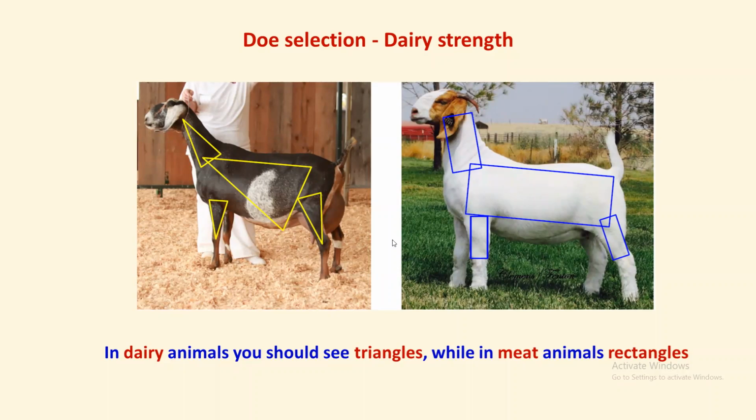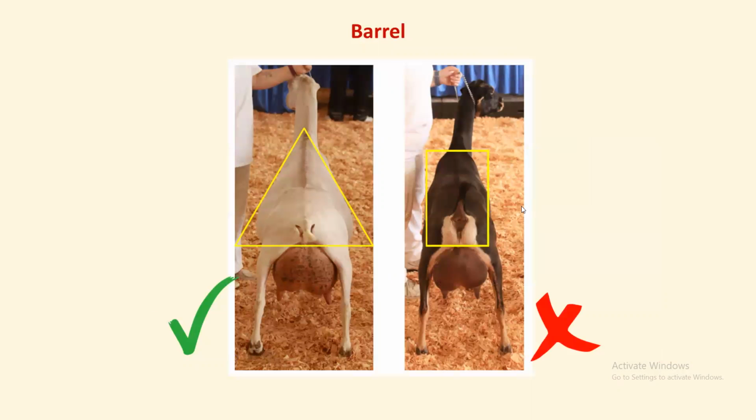Now, a good meat animal will have a rectangular shape in the neck, the arm, forearm, thigh, all of that, and the barrel also will have a rectangular shape. You can see this triangular and rectangular shape from the top view as well.